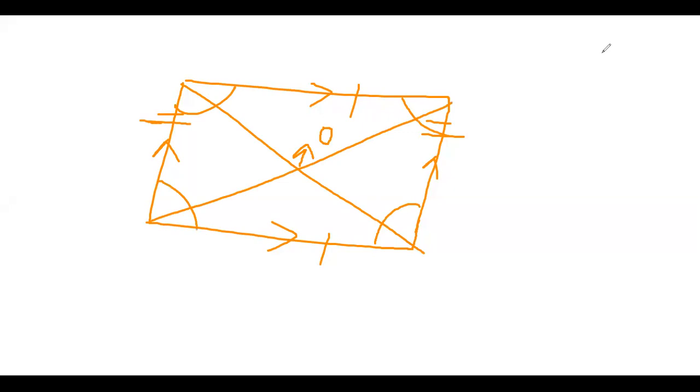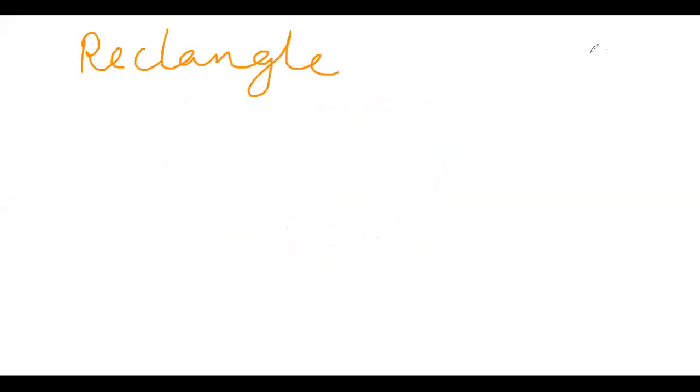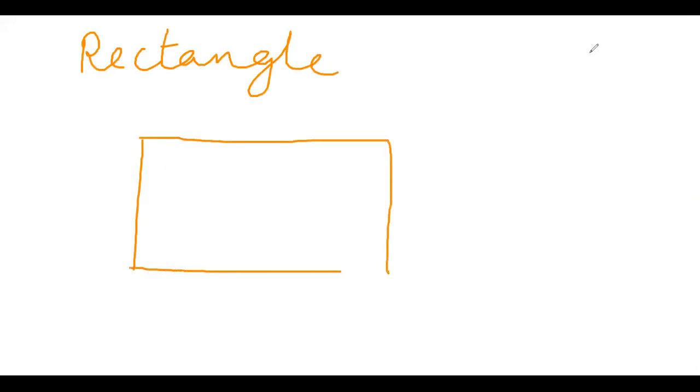Then next, a parallelogram is a rectangle if all its angles are equal, not sides; opposite sides are equal only, right? And all its angles are equal, which will be equal to 90 degrees.